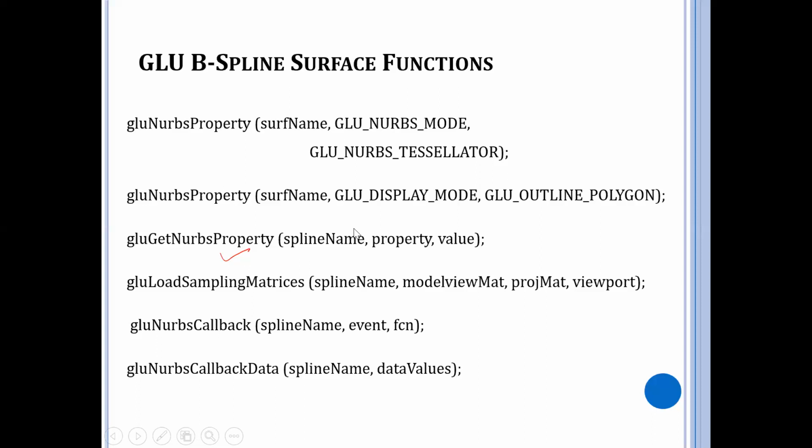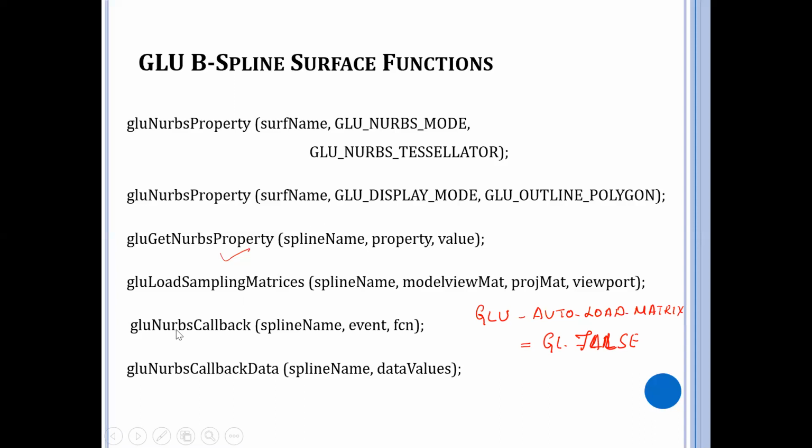When the property GLU_AUTO_LOAD_MATRIX is set to the value GL_FALSE, we invoke the load sampling matrix.